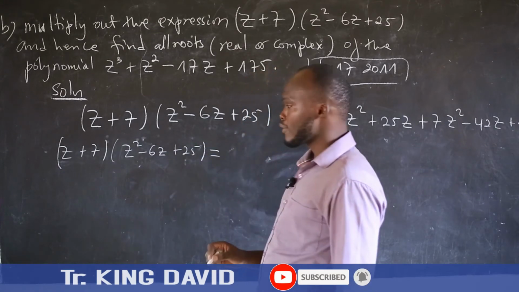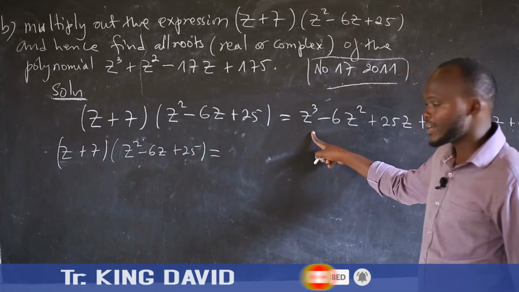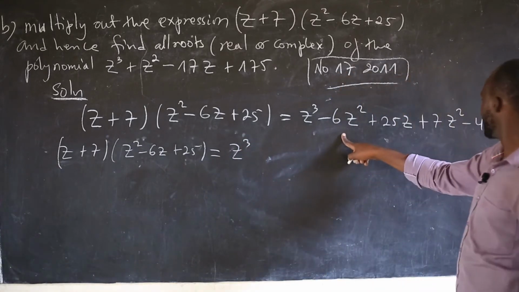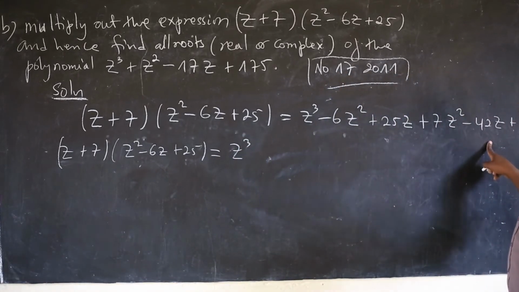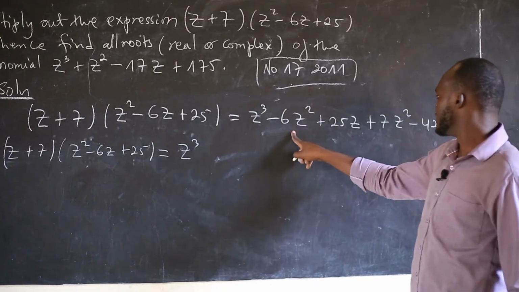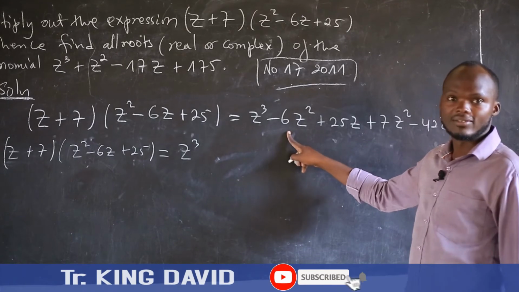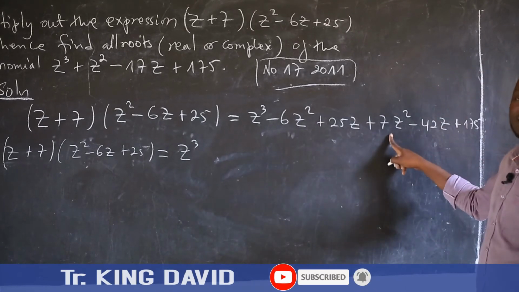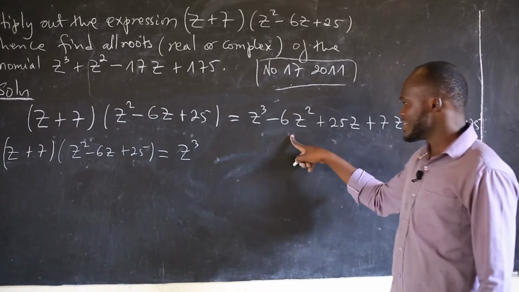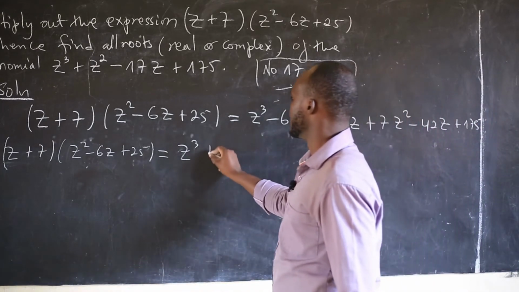The answer is, we have z power 3, then we have negative 6z squared, and also we have 7z squared. 7z squared minus 6z squared, that is z squared.